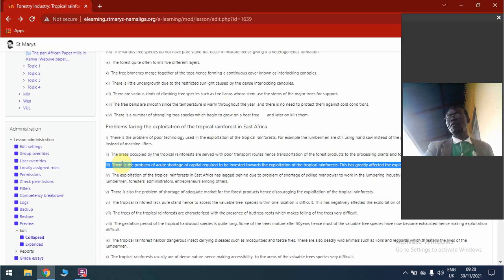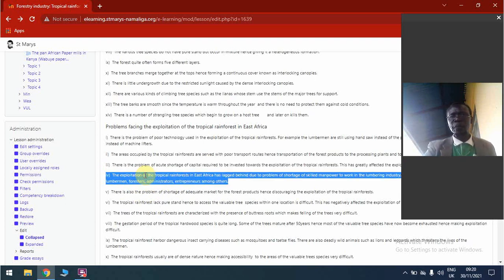There is a need to construct roads in the forests to transport the forest products, and all these things need capital, and yet we do not have the capital to be invested into the exploitation of the tropical rainforest. So this has greatly affected the progress in the exploitation of the tropical rainforests.